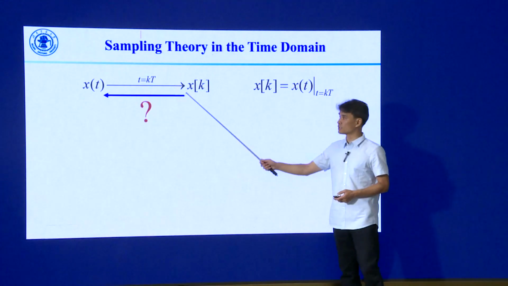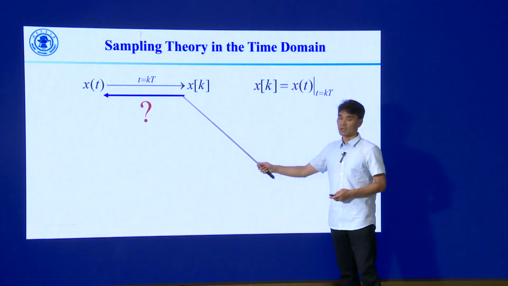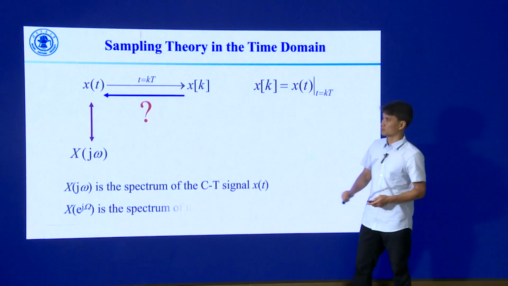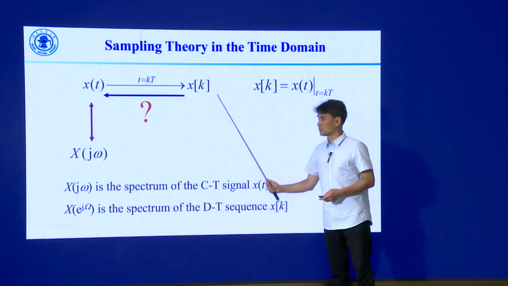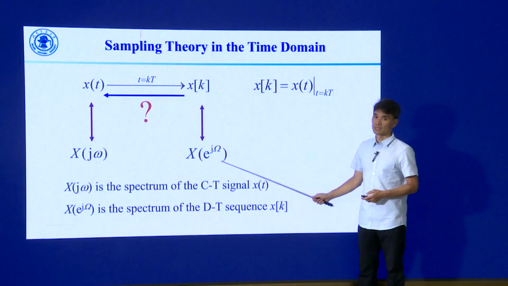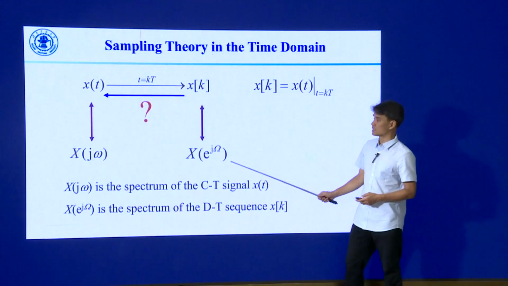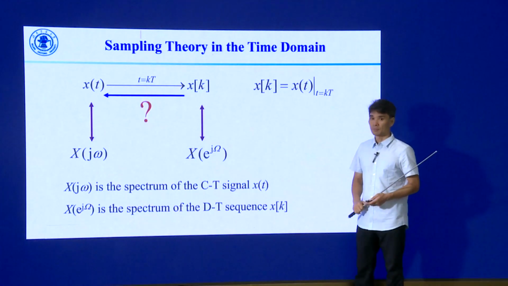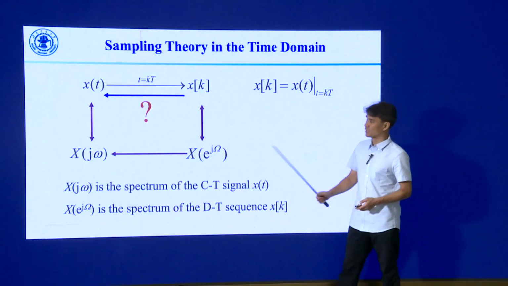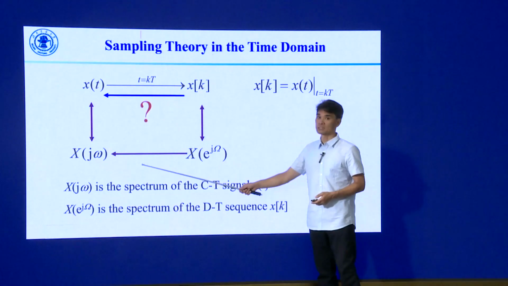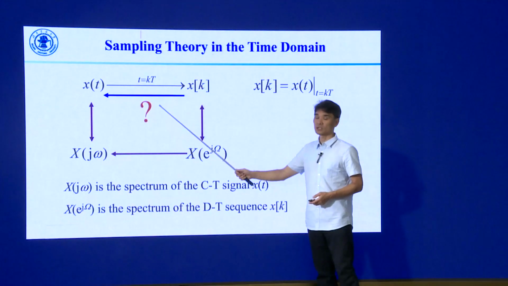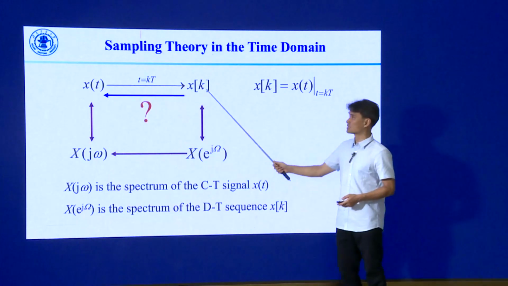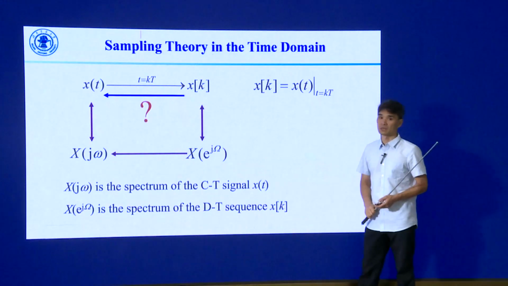Instead of doing this in the time domain, an alternative way is we convert both signals into Fourier representation, and then we study the relationship between these two spectra. And the understanding of the relationship between them will help us understand in what situation we can recover the original signal from the sampled signal without any information loss.